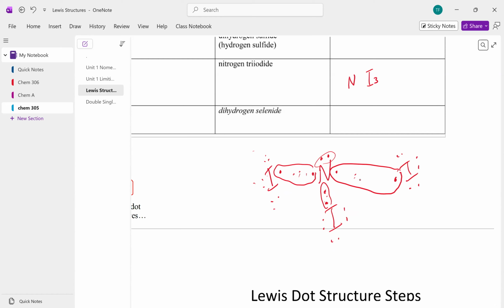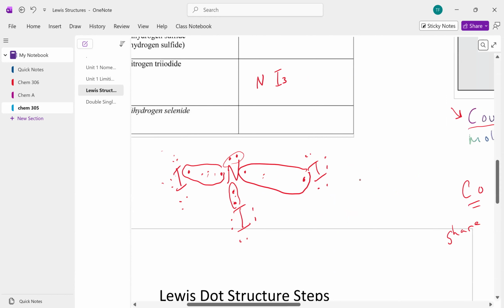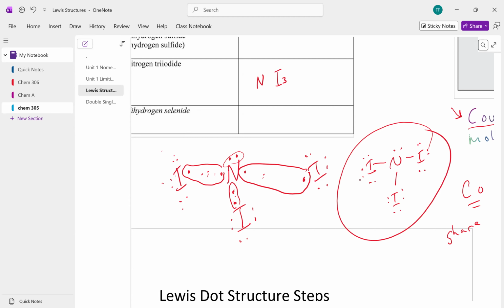Now, the last step is to take all the bonds and put lines in it. So it would be like this. That's the Lewis structure.